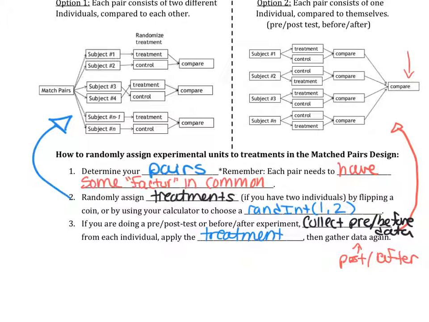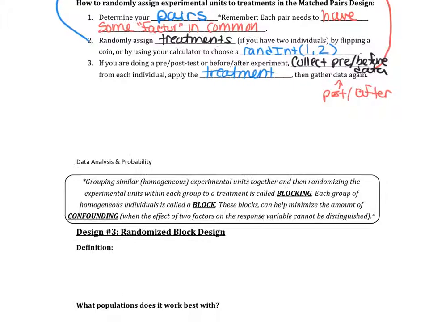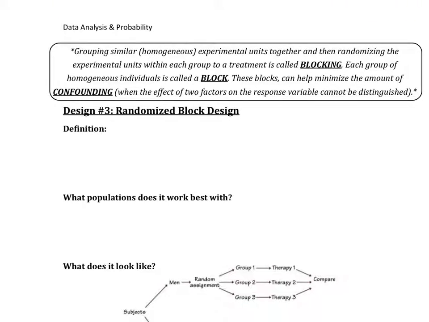So moving on to this last design in the note packet. This one is called randomized block design. It's basically the larger version of matched pairs. With matched pairs, you grouped two people that were similar together, but then you had the limitation of only being able to use 2 treatments.